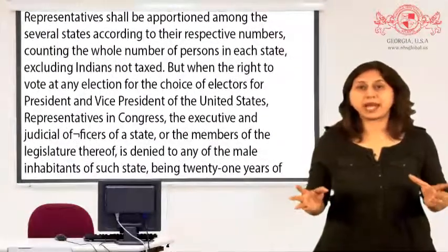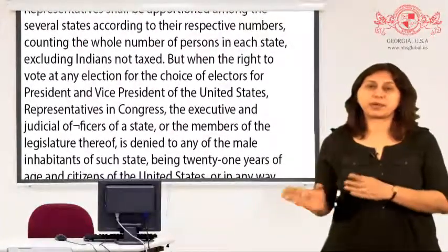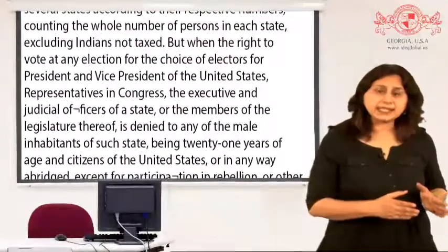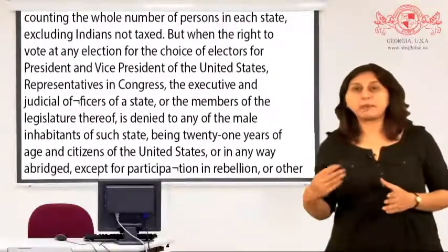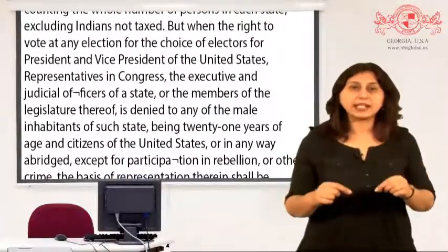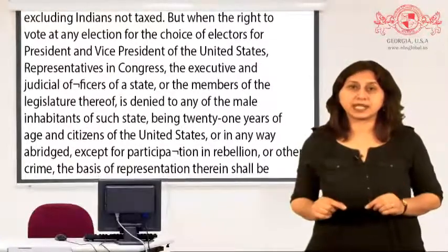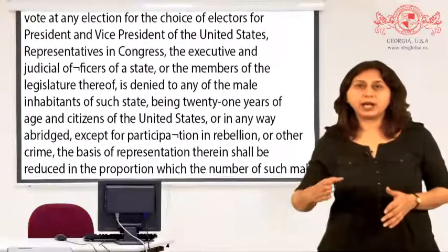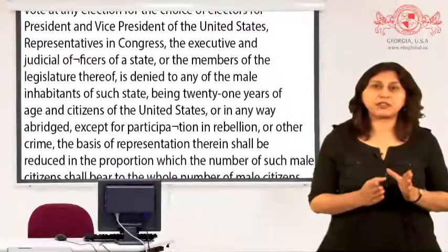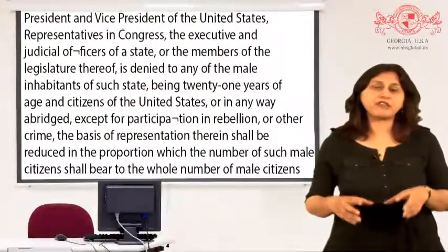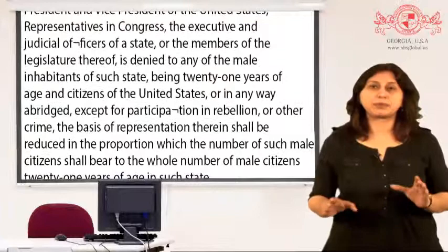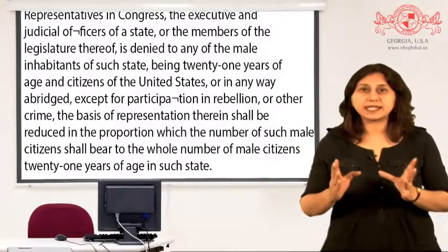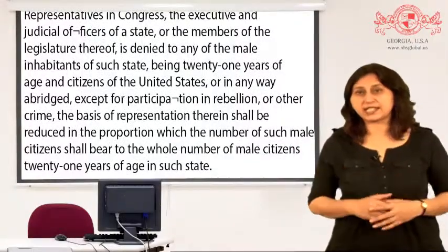But when the right to vote at any election for the choice of electors for President and Vice President of the United States, representatives in Congress, the executive and judicial offices of a state, or the members of the legislature thereof, is denied to any of the male inhabitants of such state being 21 years of age and citizens of the United States, or in any way abridged except for participation in rebellion or other crime, the basis of representation therein shall be reduced in the proportion which the number of such male citizens shall bear to the whole number of male citizens 21 years of age in such state.